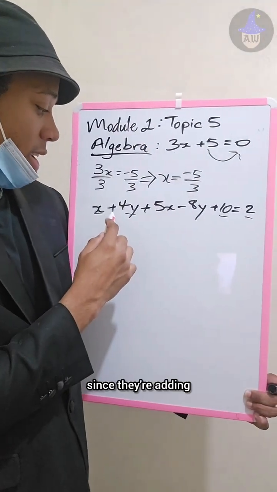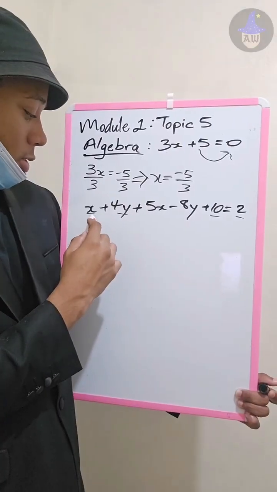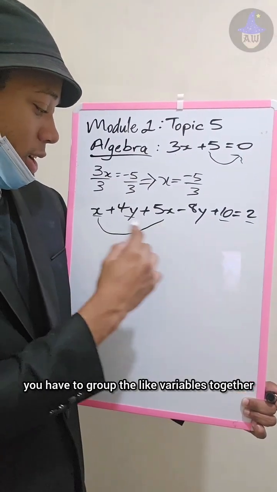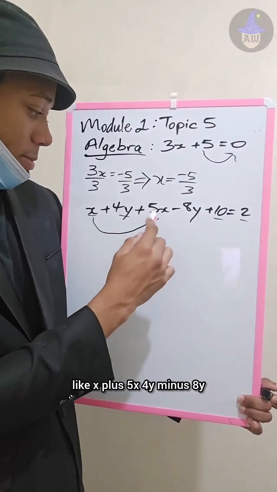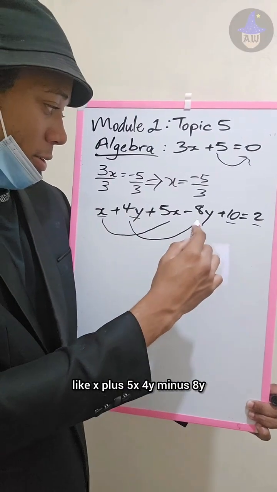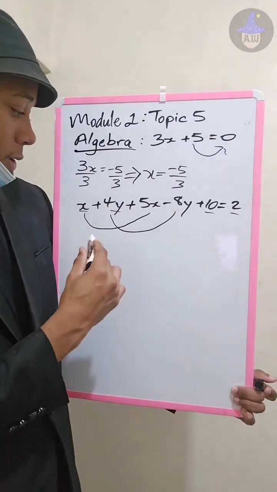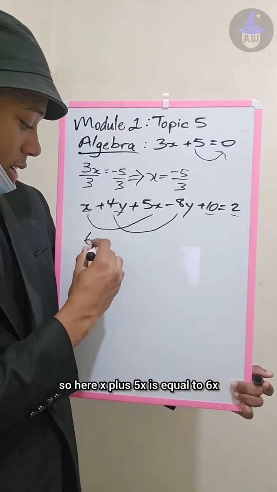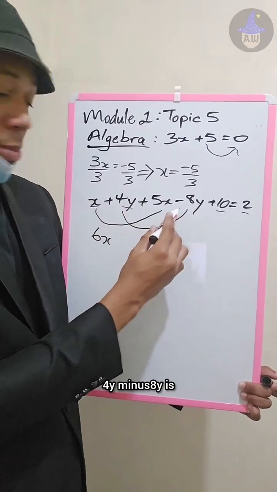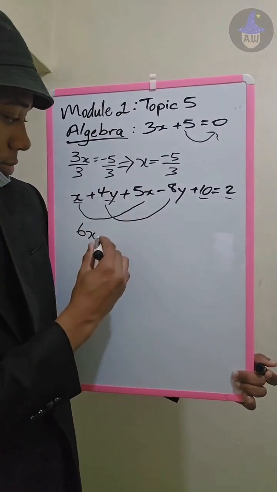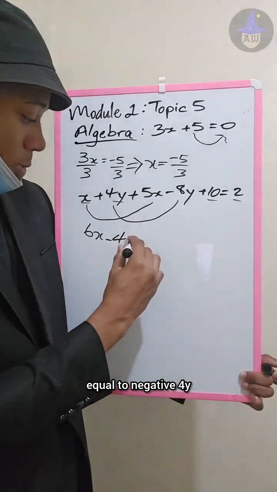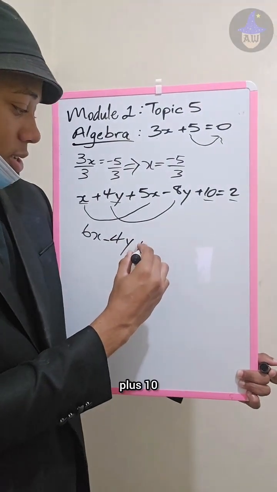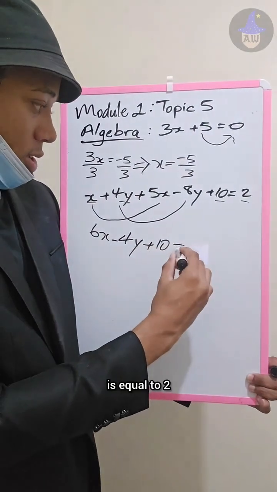But since they're adding, you have to group the like variables together, like x plus 5x, 4y minus 8y. So here, x plus 5x is equal to 6x, 4y minus 8y is equal to negative 4y, plus 10 is equal to 2.